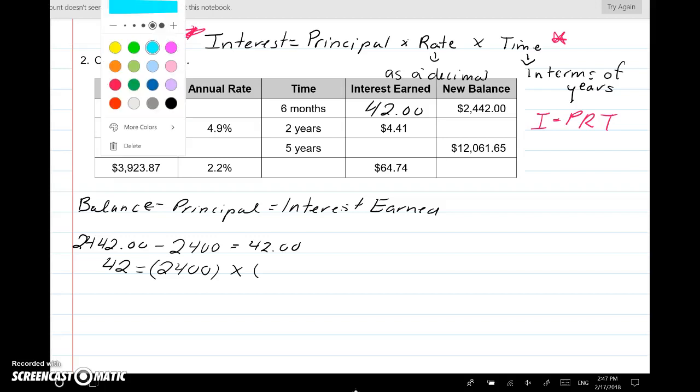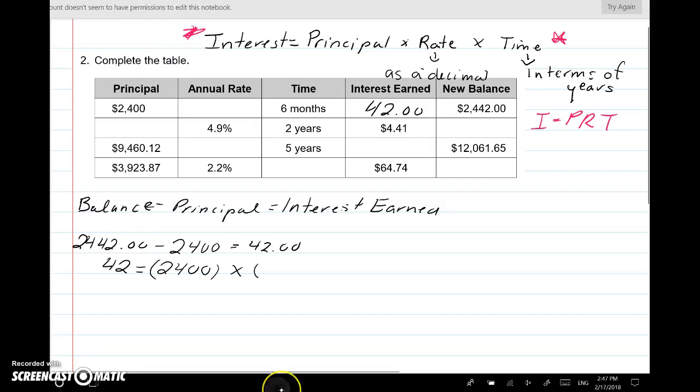Let's use a different color. It says 6 months, but time needs to be in terms of years. So what is 6 months in reference to a year? Half a year. So times 0.5. So I get 42 equals 1,200x.